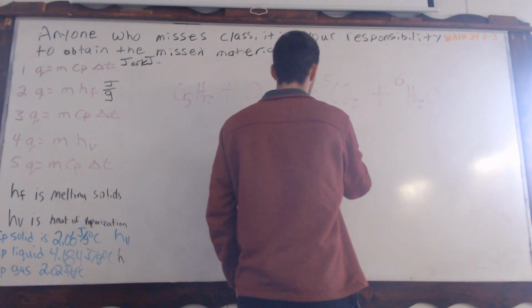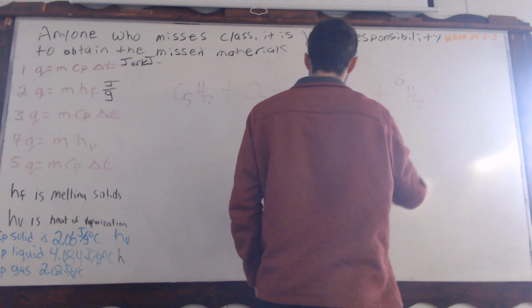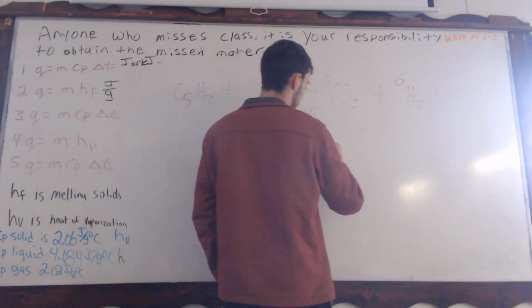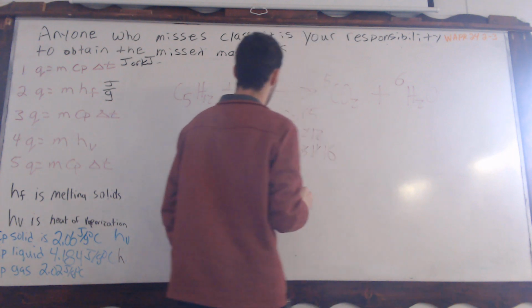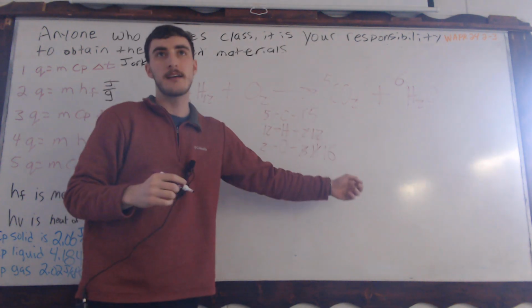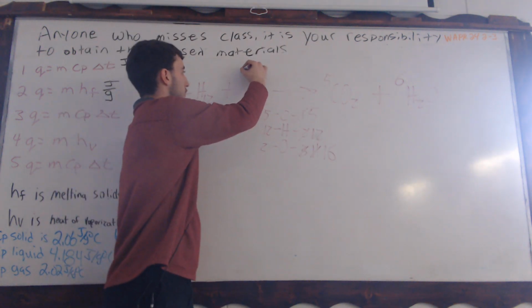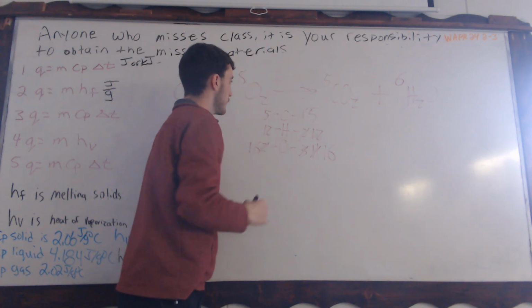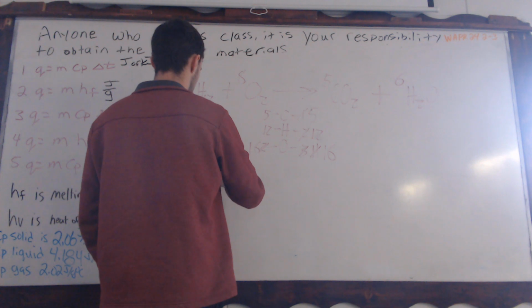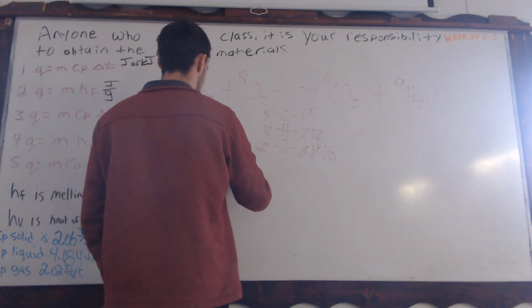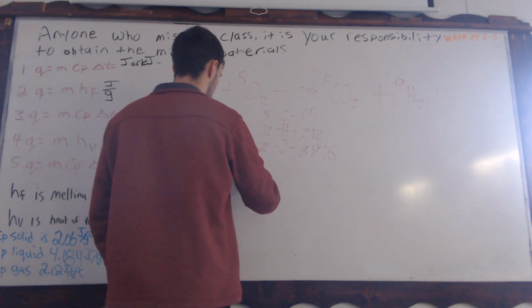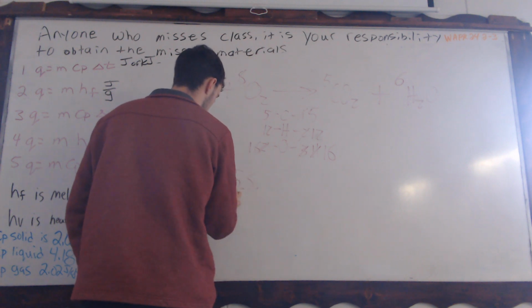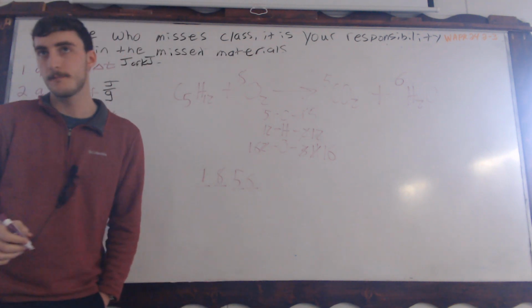That gives me 12. And then I got 6 oxygen, so 10 plus 6 is 16. And then how do I get my oxygen to balance? 8. 16. So it's 1, 8, 5, 6. Cool?